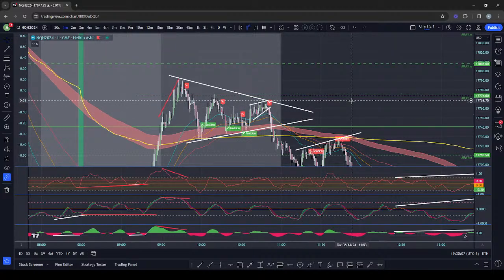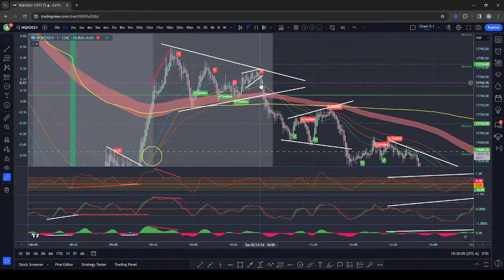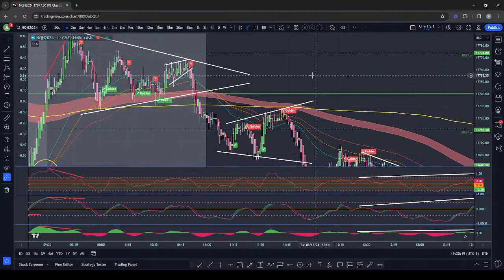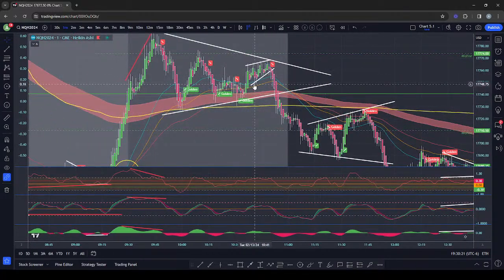Well, this is not the case. Okay, and what happened here is that price broke out from the bottom of the triangle right in here. So something else that I saw in here too is that towards the end, right in here, this started to form a nice little rising wedge right in here.